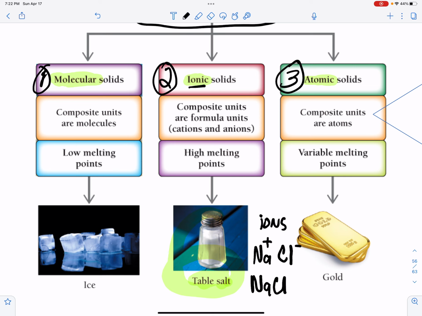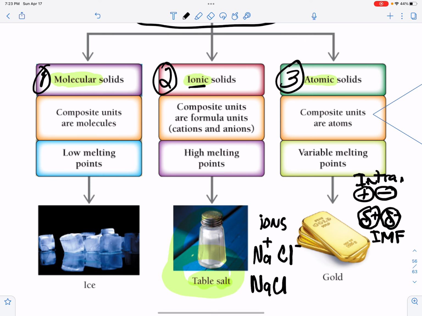And that's because the attraction between a positive charge and a negative charge is a lot stronger than an attraction between a partially positive and a partially negative. So this would be an intramolecular force, and this is an intermolecular force.